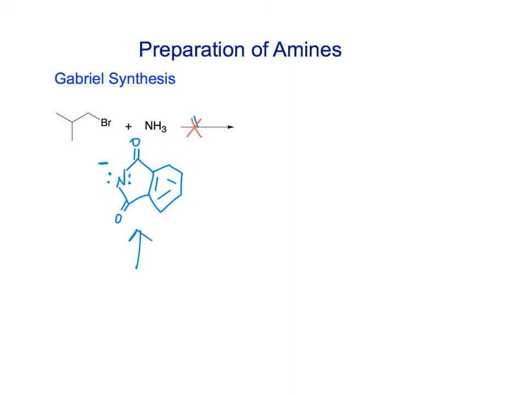We would make that anion just through an acid-base reaction from this compound. This is called, these names are always weird, which is it, amide? Phthalimide.